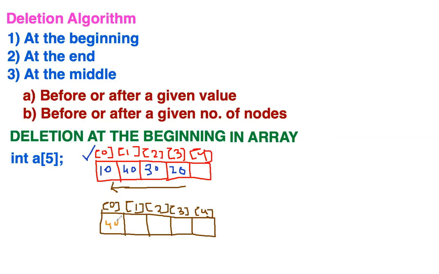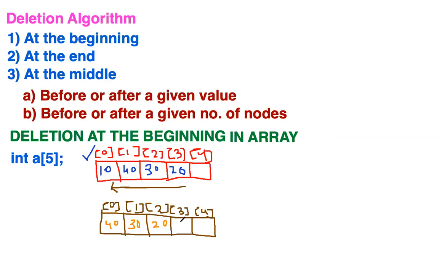So it becomes 40, this becomes 30, and this becomes 20. You see that there is no change in the size of the array. The size remains a[5]. The only thing is that the element at index 0 has been removed and occupied by the element starting from index 1.